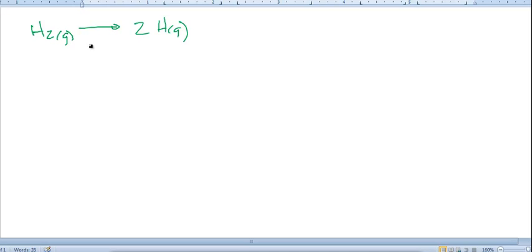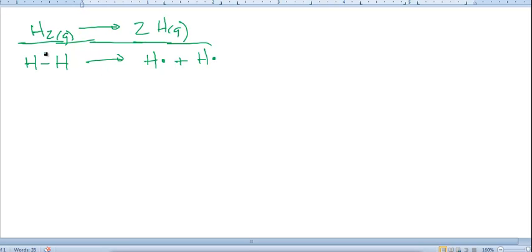Now, what does that actually look like? If you visualize a single molecule of hydrogen gas, it's diatomic, so it's composed of two atoms that are bonded together with a single covalent bond. And if we want to end up with two independent atoms by breaking this apart, then we're going to have to bust some heads, right?